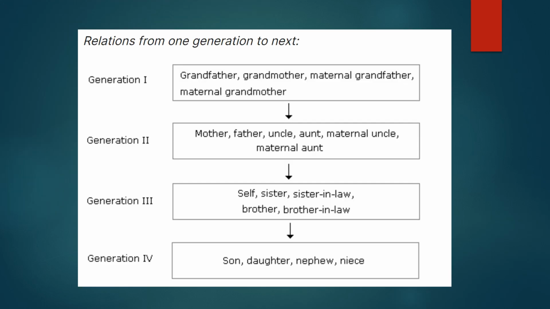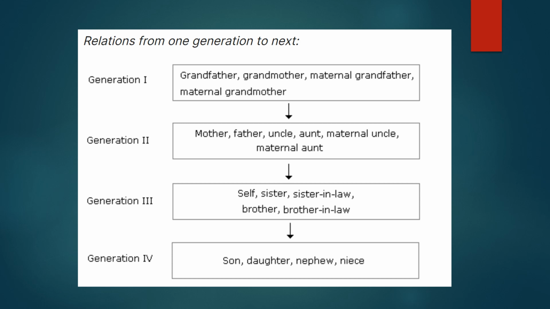Now, this is how we have to proceed with the generations. Suppose the question starts with you as a son. Then, once you go through the question, you have to draft the before and after generations in the form of a flowchart.